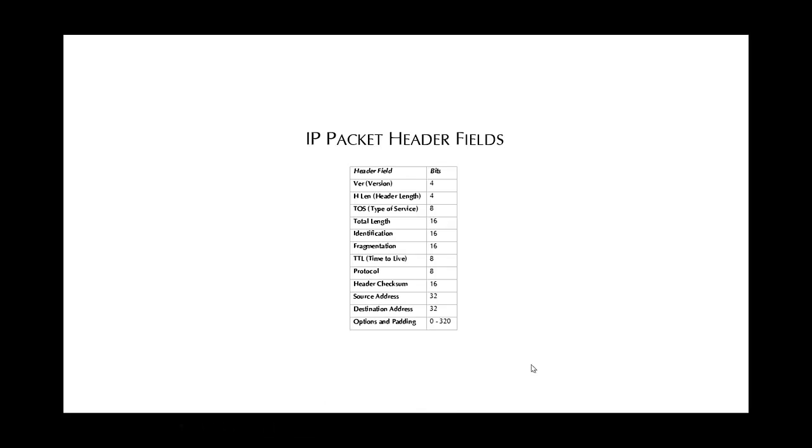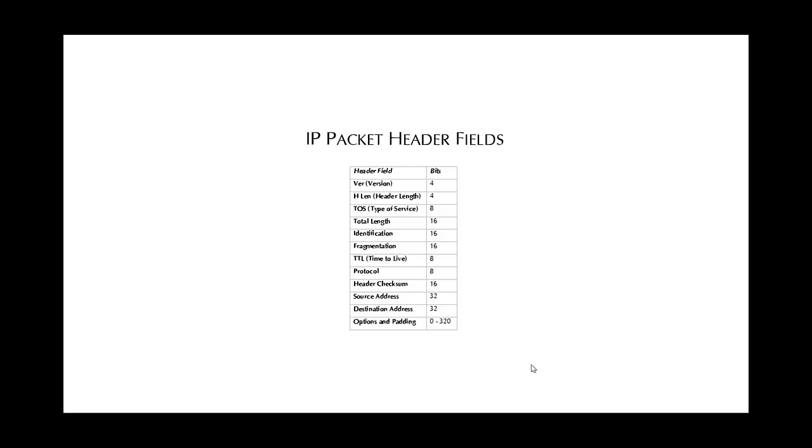So the type of service is as follows. Basically, the use of 8 bits of the type of service field has been redefined several times in various RFCs. Originally, it was intended to allow applications to request one of 4 different kinds of service for their packets.